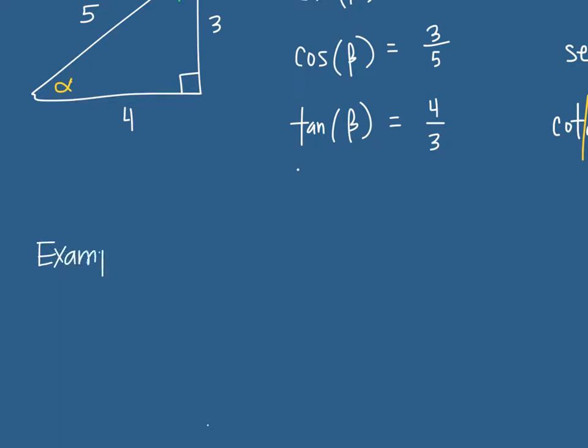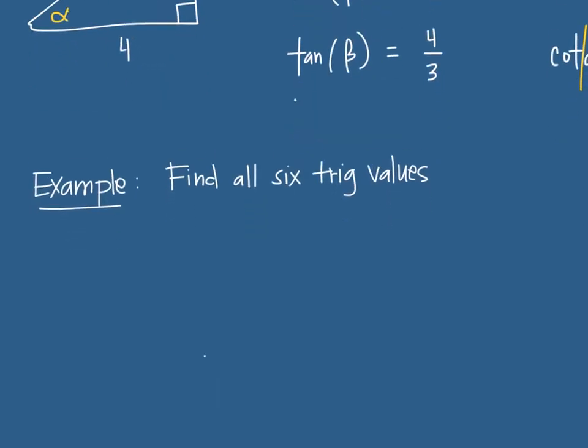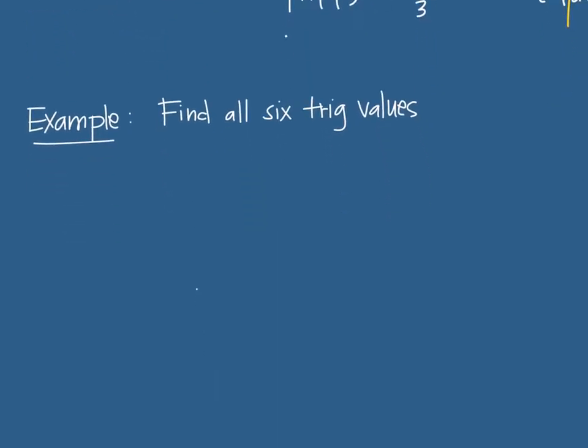Now that triangle, you had all the sides to begin with. Here's one where you won't quite have so much. Find all 6 trig values. Upside down triangle this time. 3, 10.